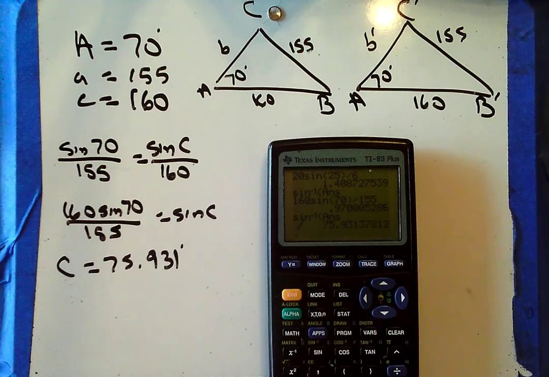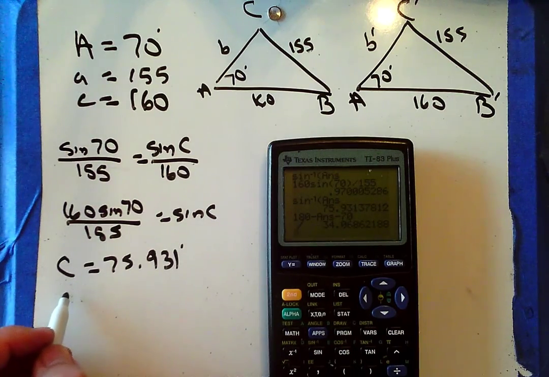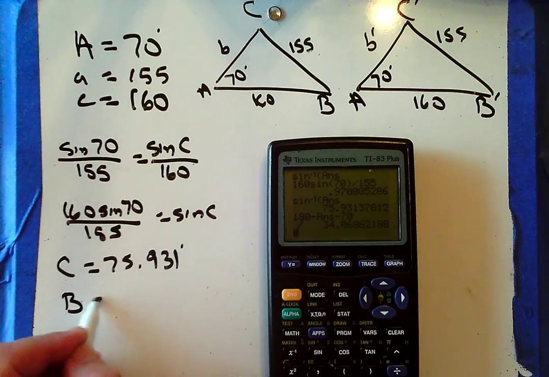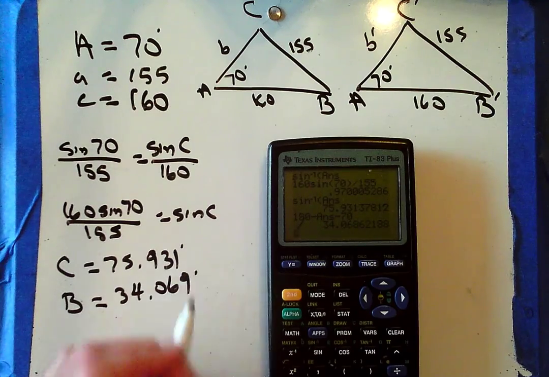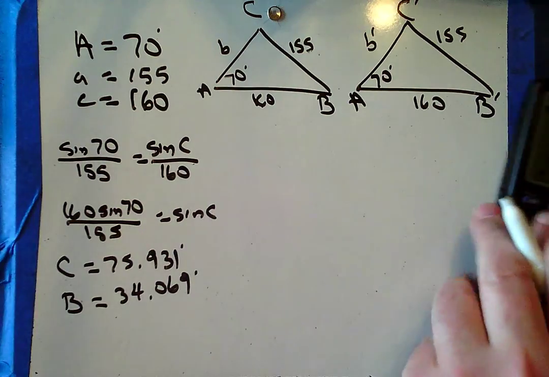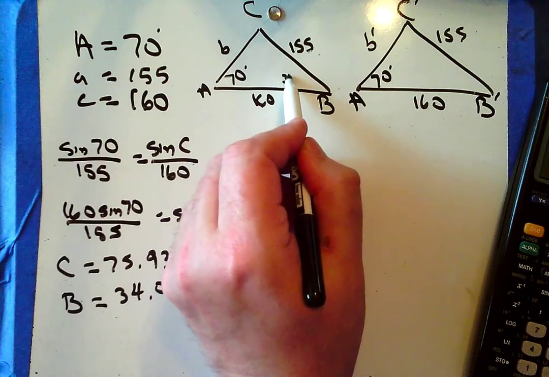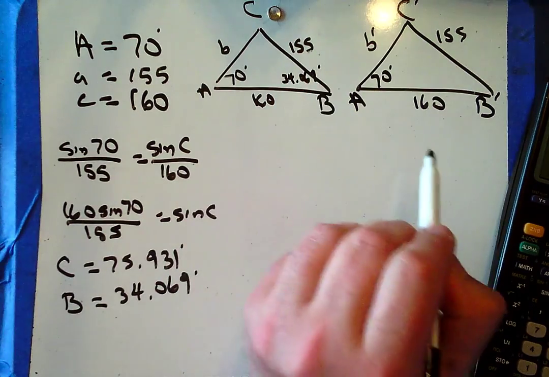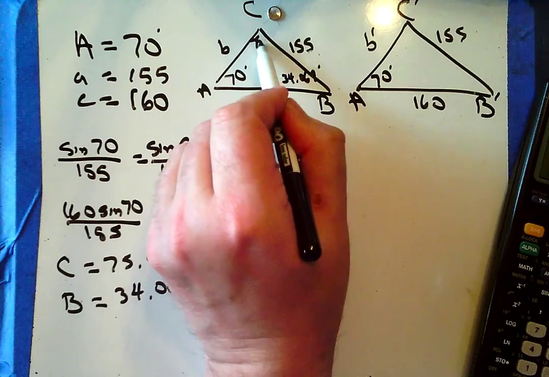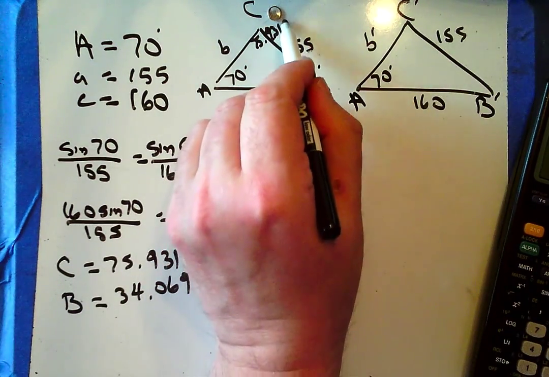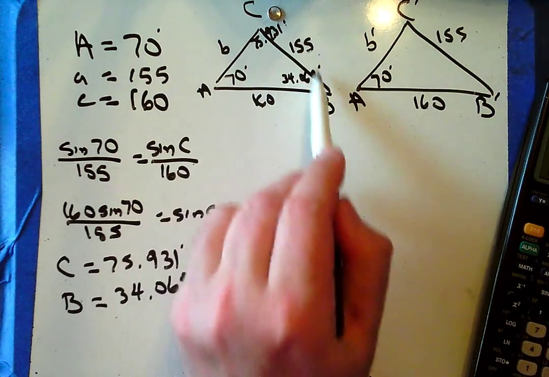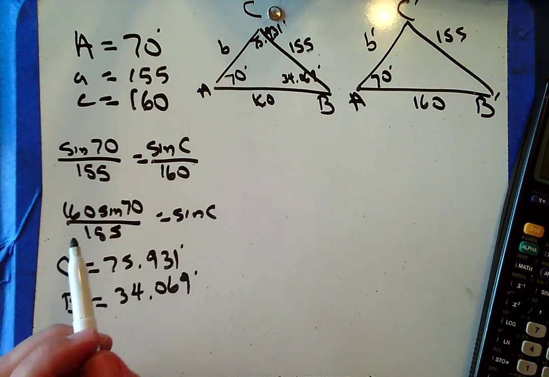If I subtract from 180 that angle and the given angle, I get that the missing angle, B, should be 34.069 degrees. I can fill those in. Now I've got all my angles and I still have one side to find.